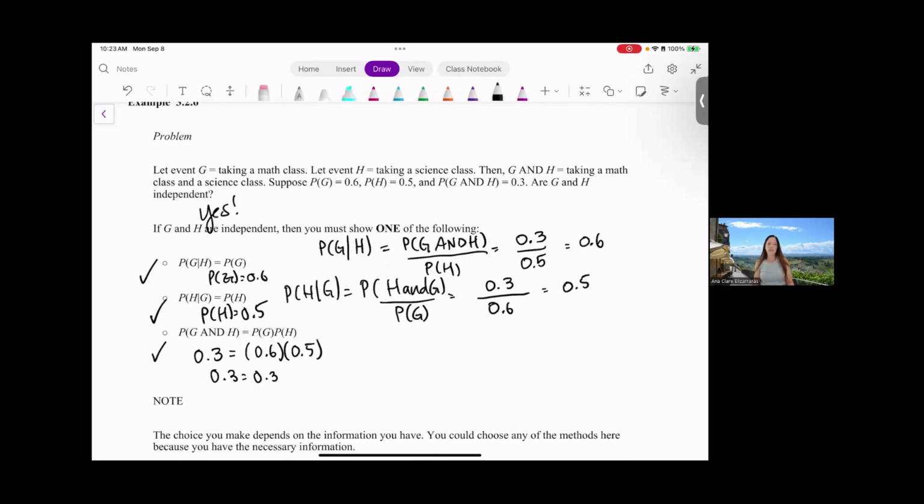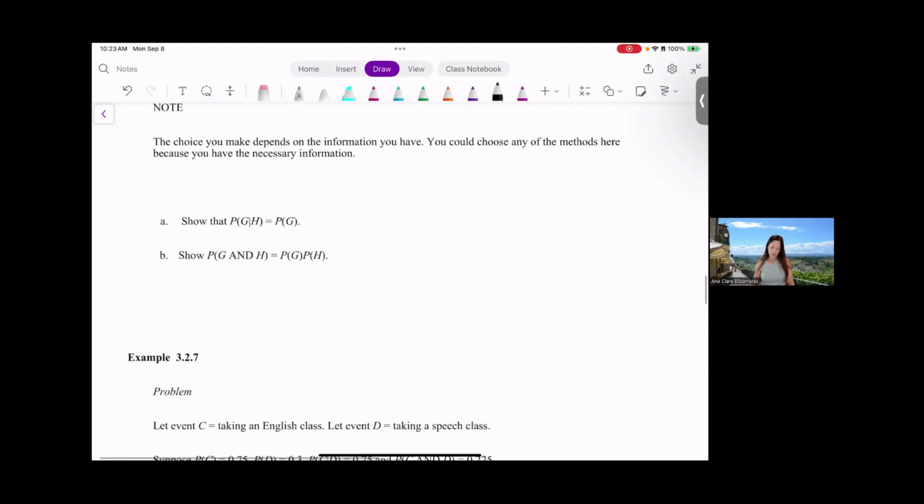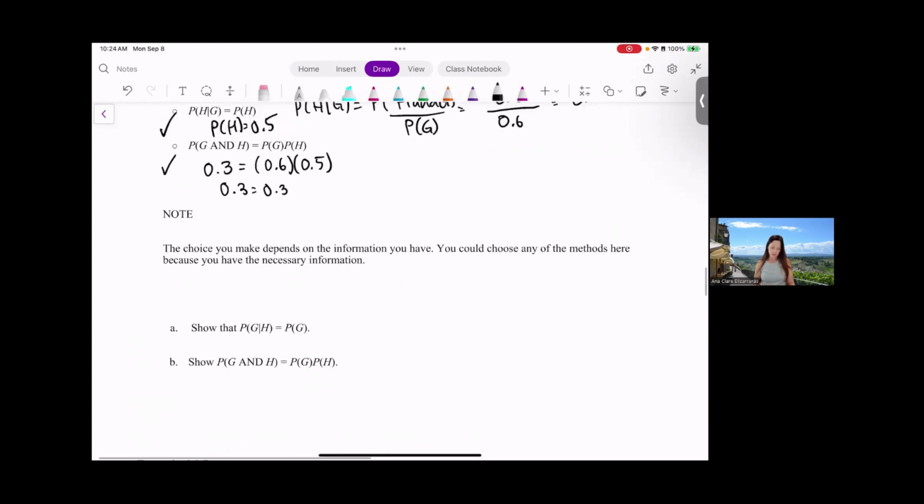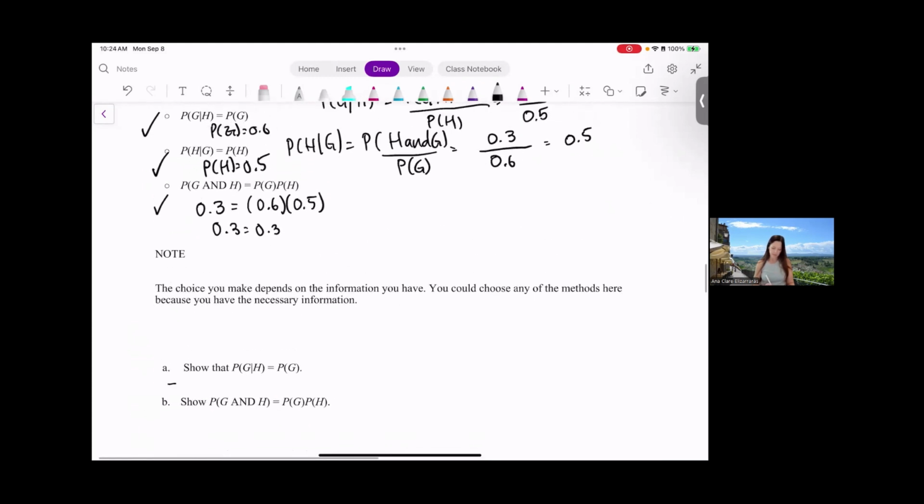Now, the note says you make the choice based on the information that you have. We have all of these given values, so any of the methods worked. It might be different depending on what you're given later. I showed these right above here. I'm going to go ahead and skip on to the next question.